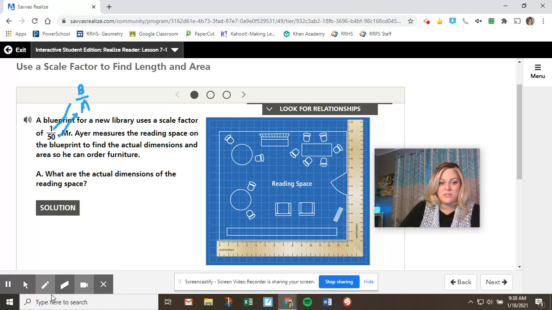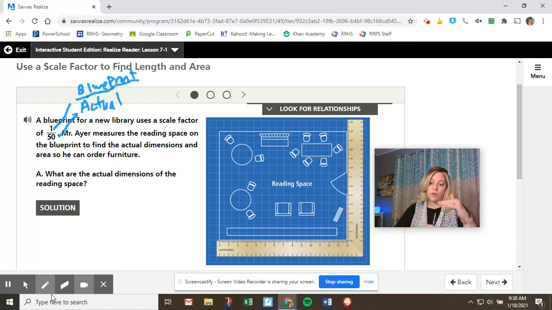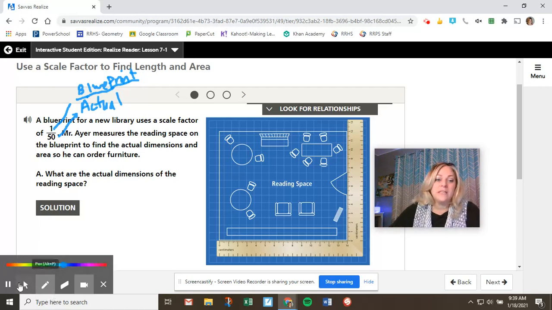And you could say blueprint to actual, however you want to write it. But just make sure you keep whatever your ratio is, like new to old, blueprint to actual, small to big. Make sure you're consistent in the entire problem. So we'll leave that with blueprint to actual for now.